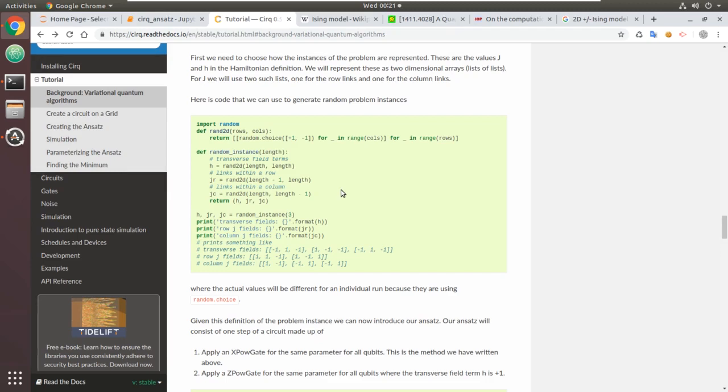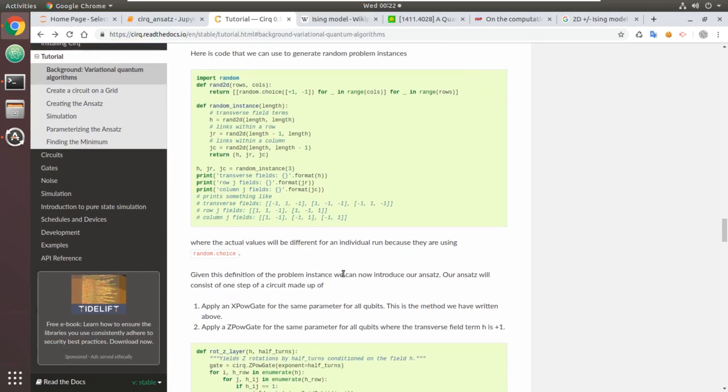Column links. 0, 1, 0, okay. I don't get it. I don't get it why.